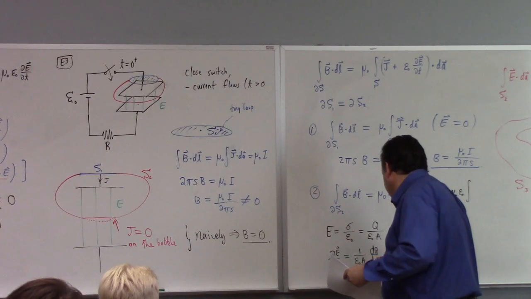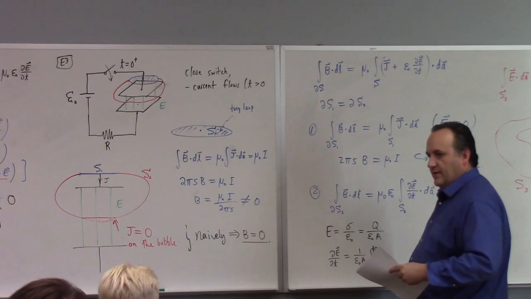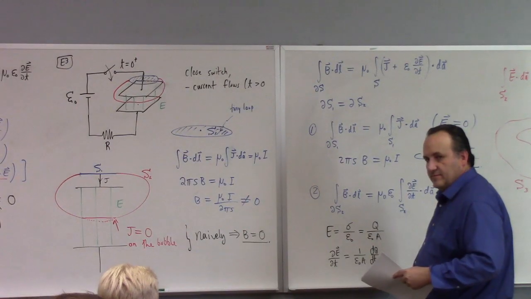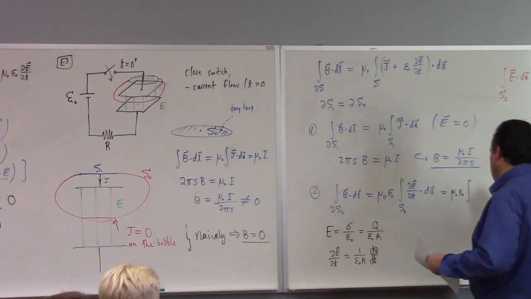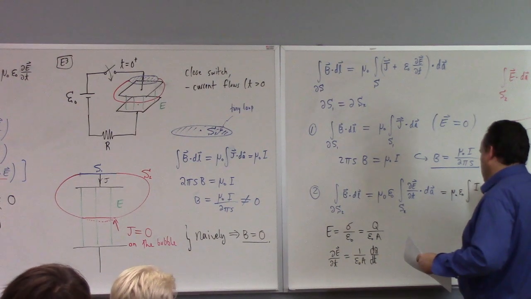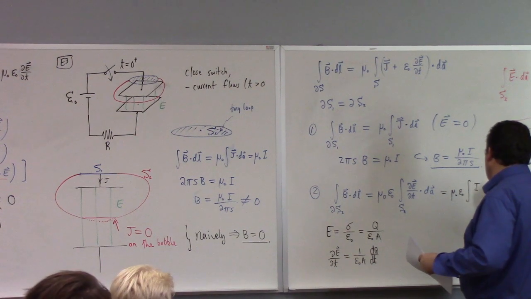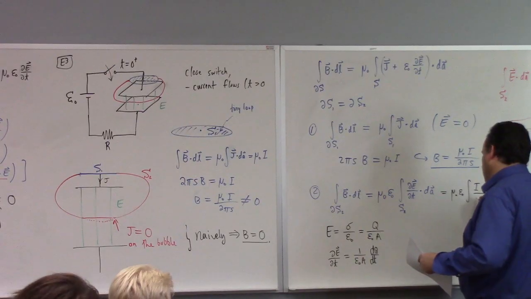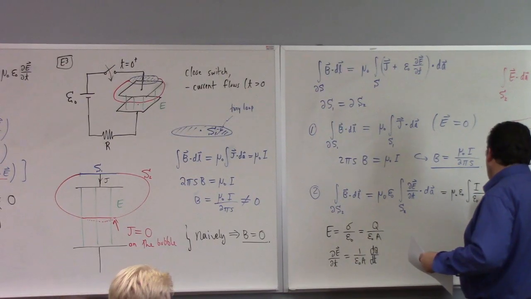dq dt, right? Also known as I, right? So we've just got I dA over epsilon naught A here, I think.